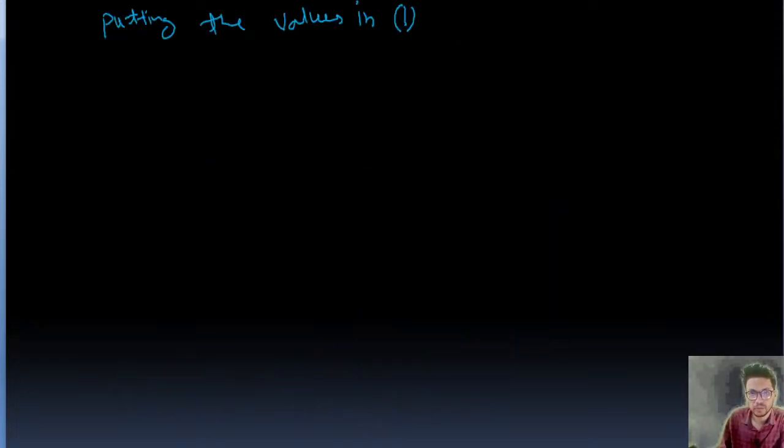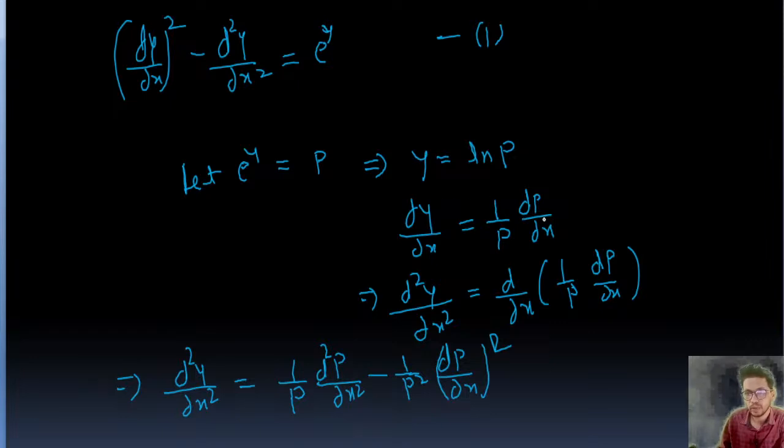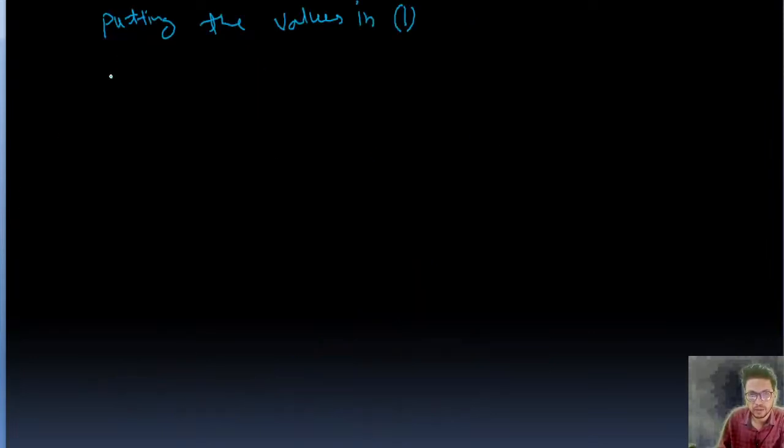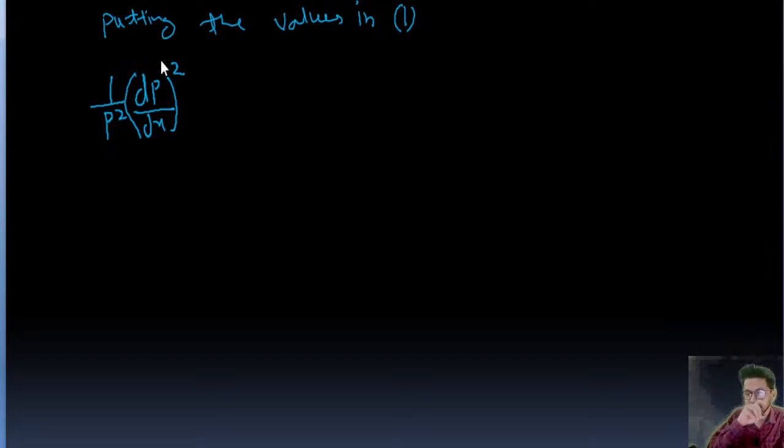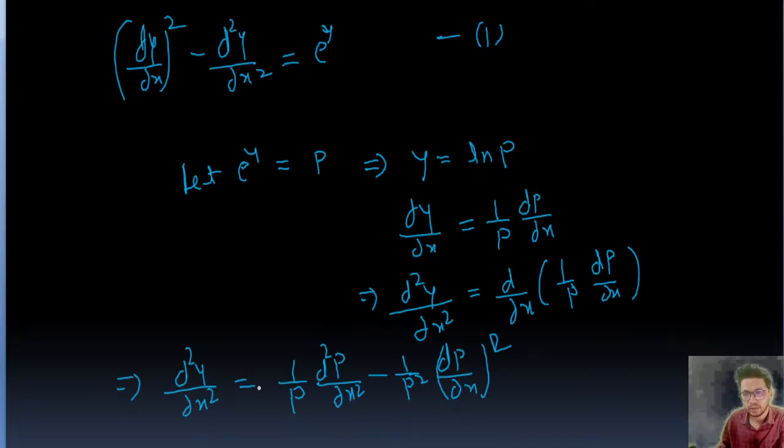And its whole square, right? So this is going to be 1 upon p square dp upon dx whole square, minus the value of this one guys, d2y over dx square.